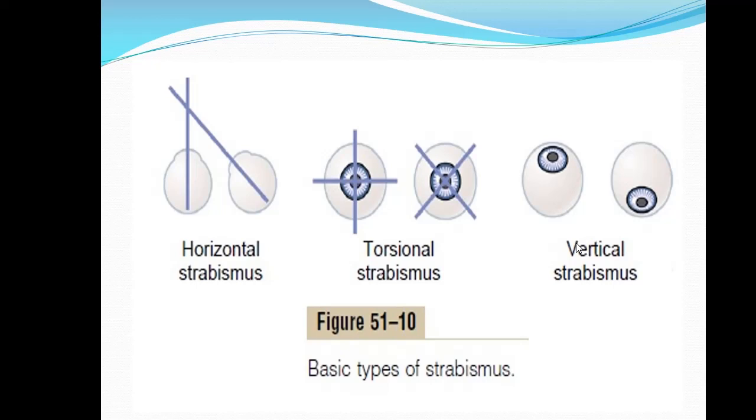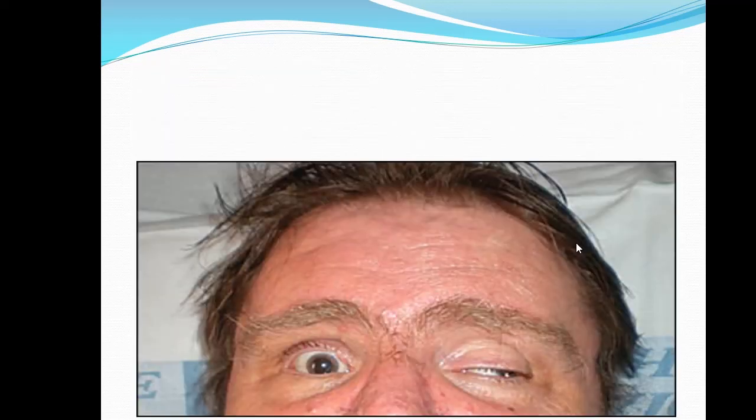Now, this diagram shows you a lot of information, I should say. Here we can see different abnormalities. This is the normal eye. What can you see over here? The first thing that we see is the drooping of the eyelid, which is known as ptosis.